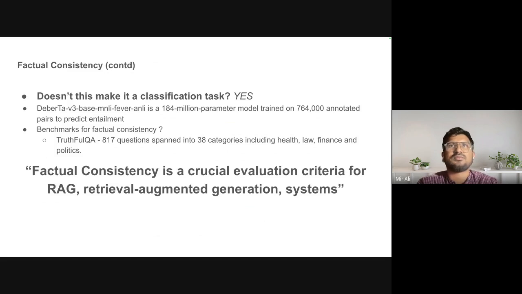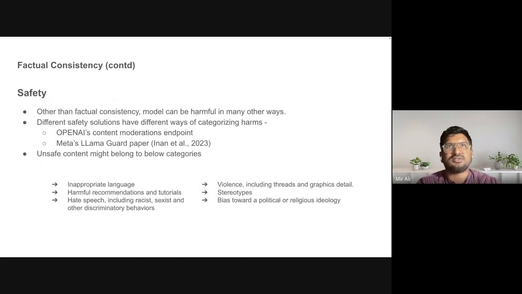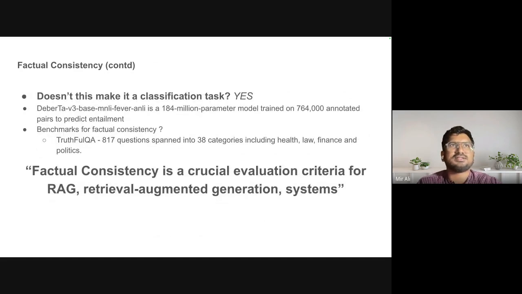Now, doesn't this make it a classification task? Yes, that is what it is. We are trying to convert it into a classification, a close-ended solution. Hugging Face has developed a DeBERTa V3 base MNLI FEVER model, which has just 184 million parameters.